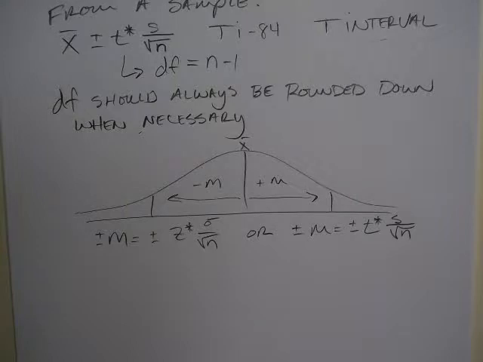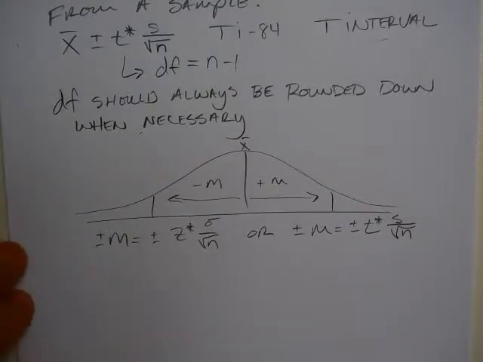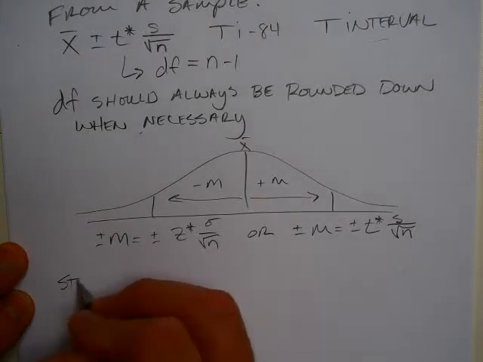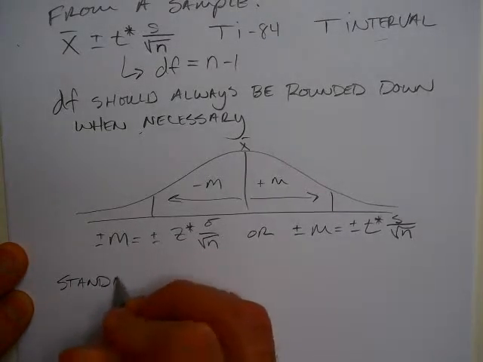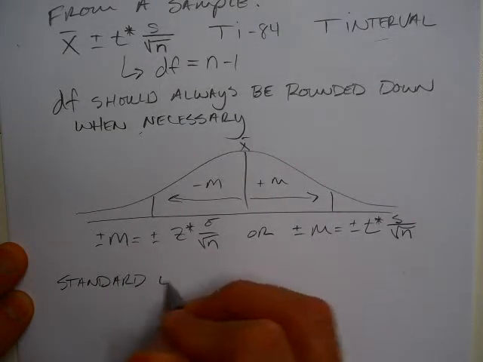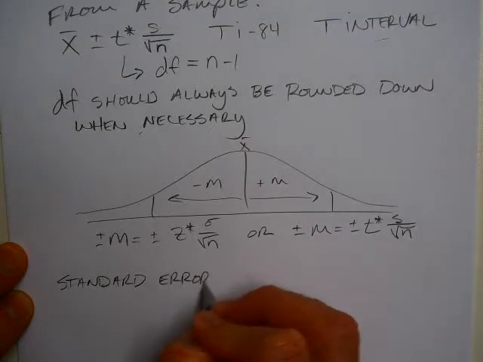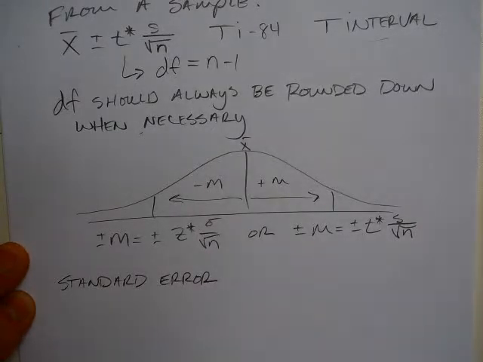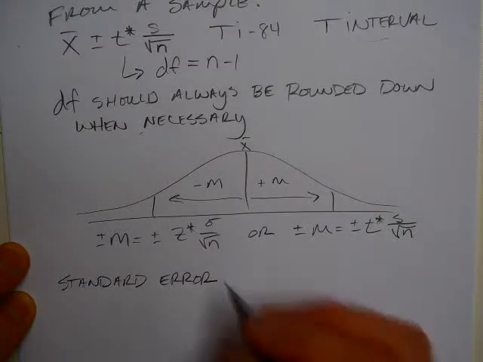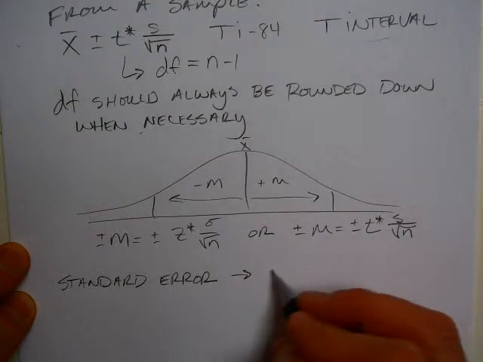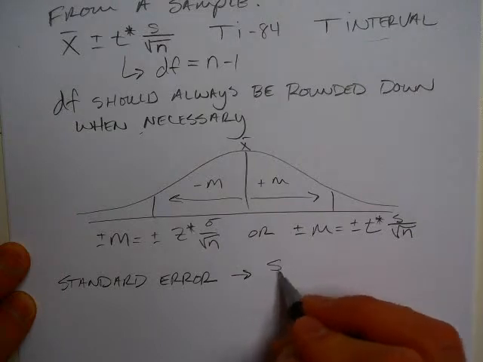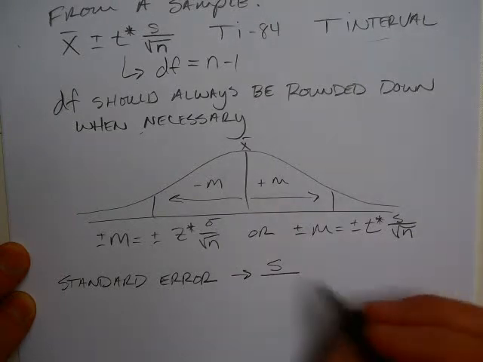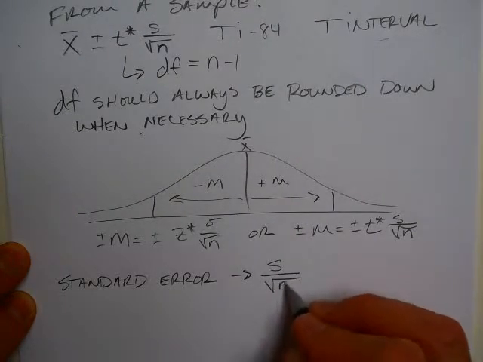The last thing I want to highlight, and again it's just kind of review more than anything else, is standard error. Standard error is a term that you'll probably see. You need to make sure that you know what that is when you see it. As a calculation, it's simply s, the sample standard deviation, divided by the square root of n.